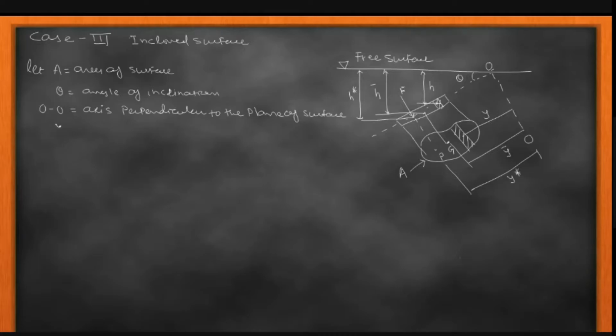Y cut is the distance of the CG from OO. Similarly, Y star is the distance of the center of pressure from OO.